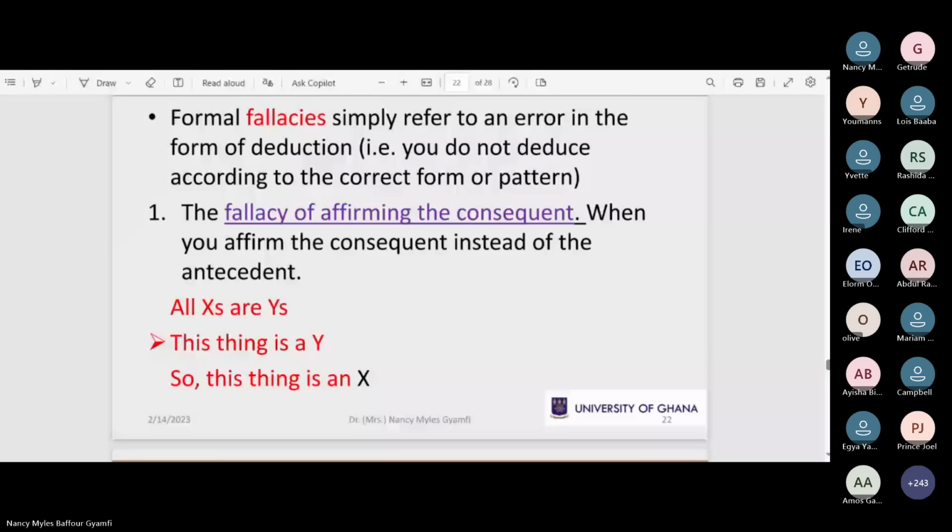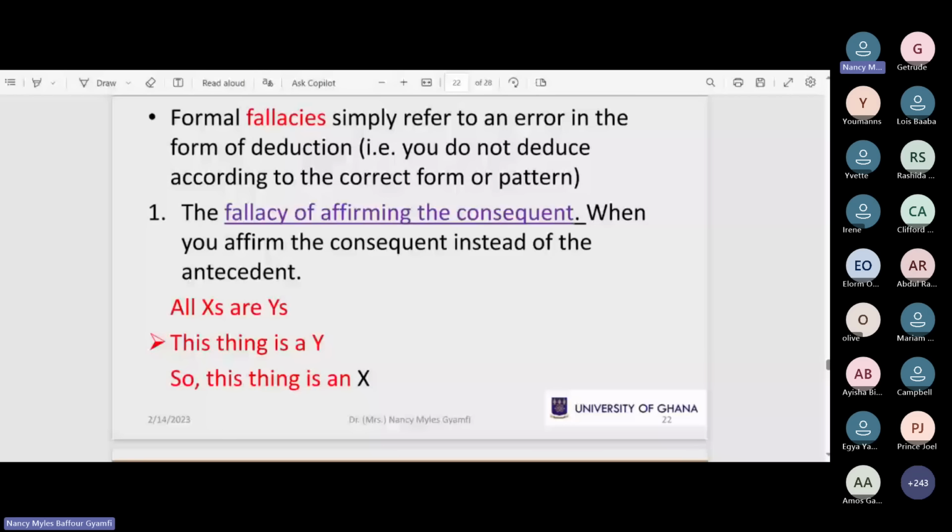But if you had said all mangoes are fruits, this thing is not a fruit, therefore it is not a mango. That's modus tollens. If you said this thing is a mango, therefore it is a fruit, modus ponens.